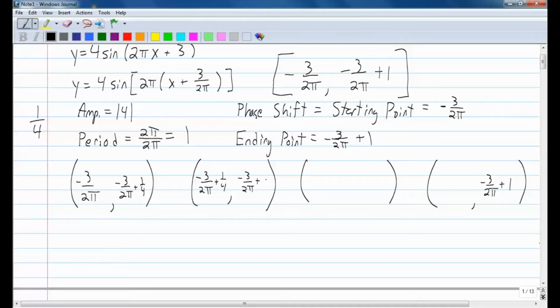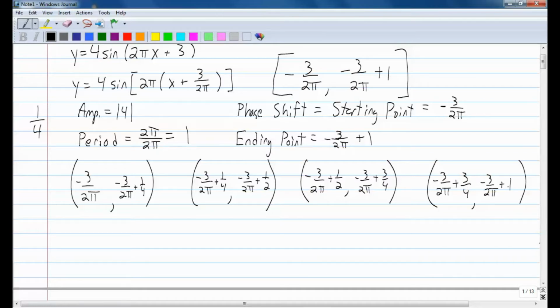So negative 3 over 2 pi plus 1/2. Alright, add 1/4 again. This will be negative 3 over 2 pi plus 3/4. And if you add 1/4 again, 3/4 plus 1/4 is 1.